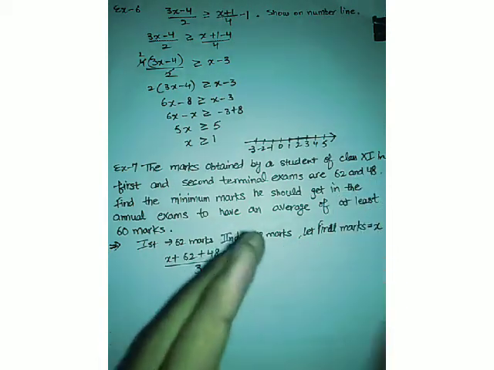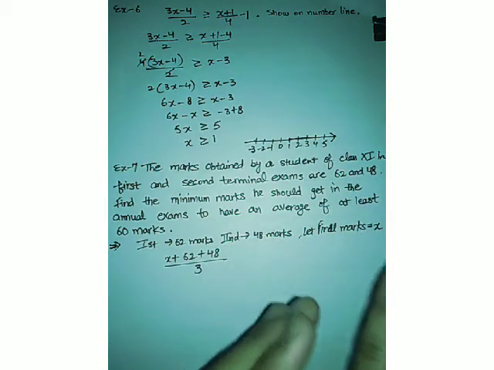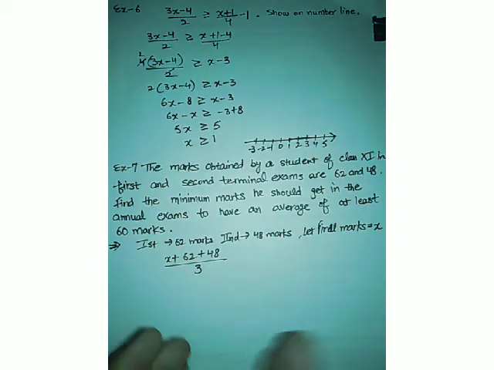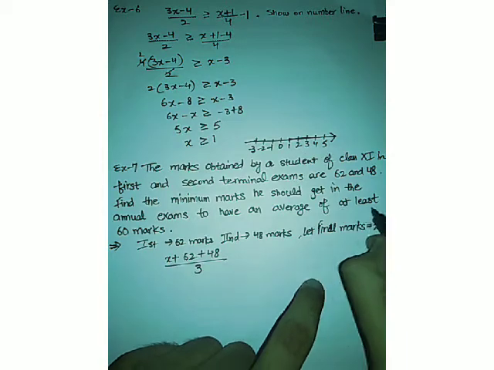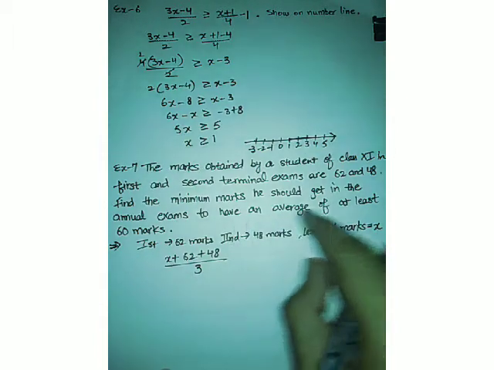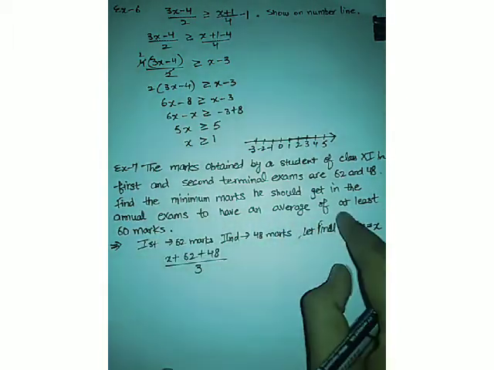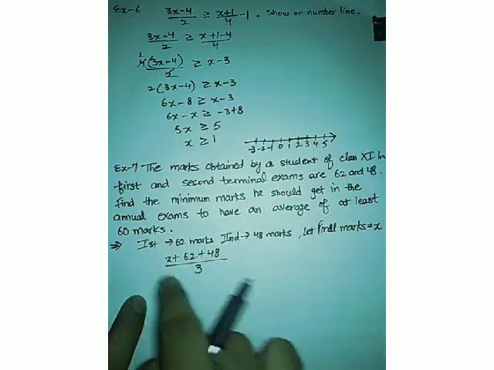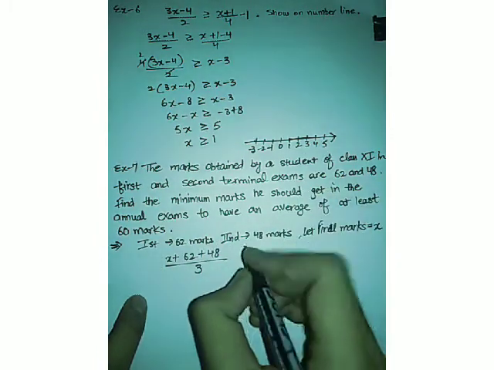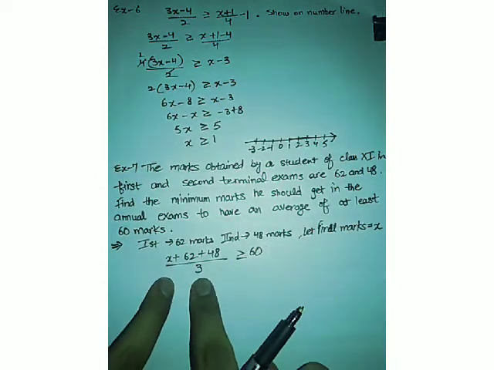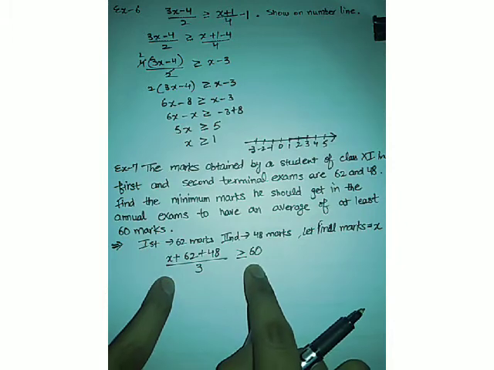It means it must be greater than or equal to 60 but not less than 60, because we have the minimum value, the least value of marks that he has to score in the final exam. All right, the average is at least 60 marks. So the average of marks must be greater than or equal to 60. This is how we construct an inequality.